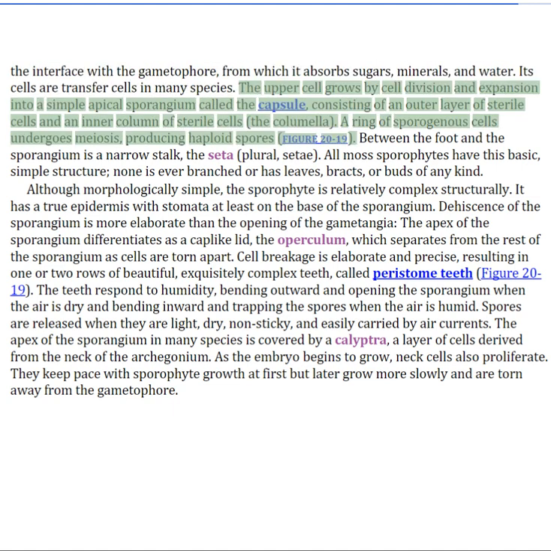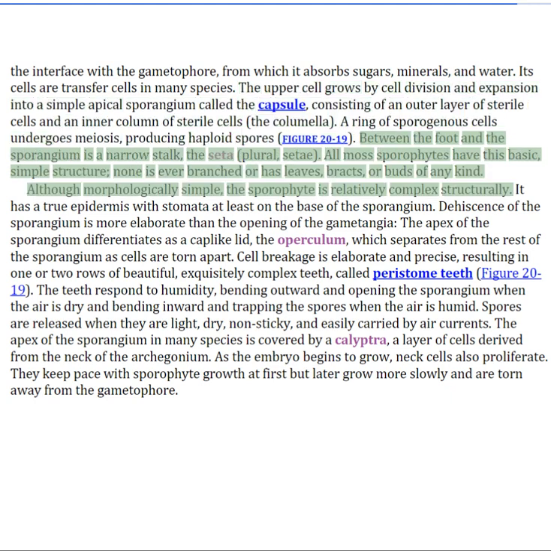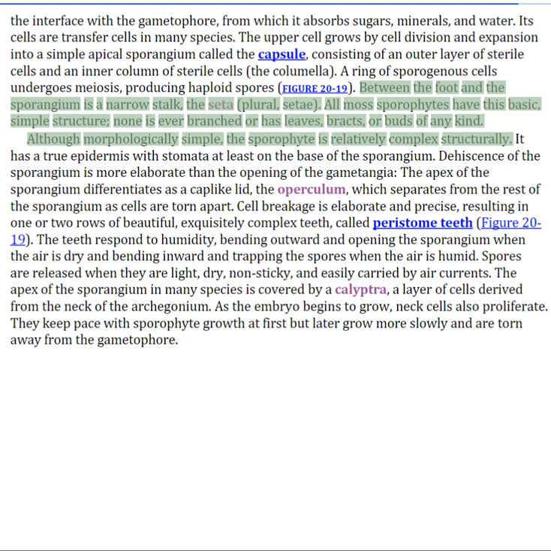The upper cell grows by cell division and expansion into a simple apical sporangium called the capsule, consisting of an outer layer of sterile cells and an inner column of sterile cells. A ring of sporogenous cells undergoes meiosis, producing haploid spores. Between the foot and the sporangium is a narrow stalk, the seta.